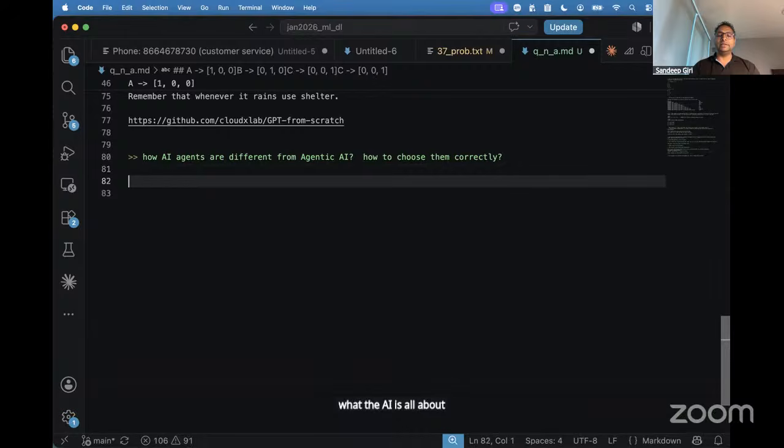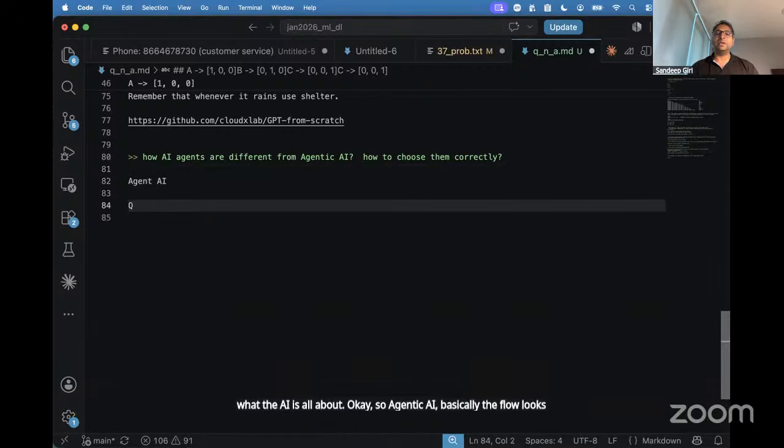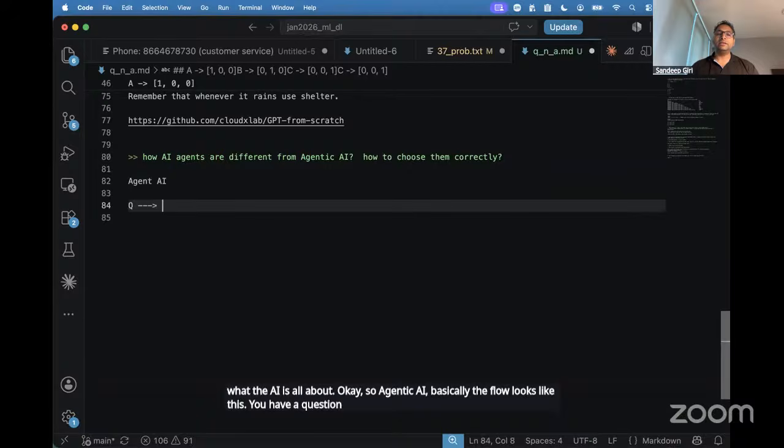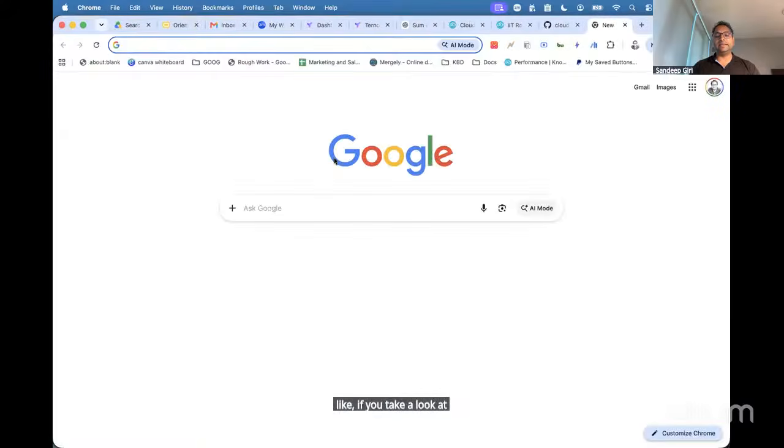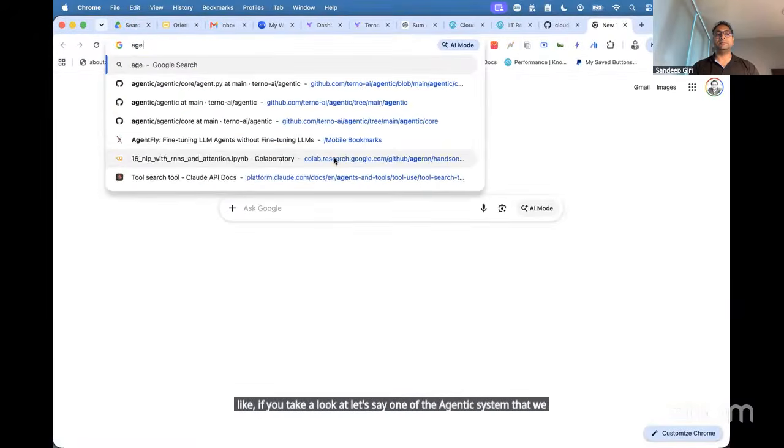So with agentic AI, the flow looks like this. You have a question. Let's take one of the agentic systems that we built.